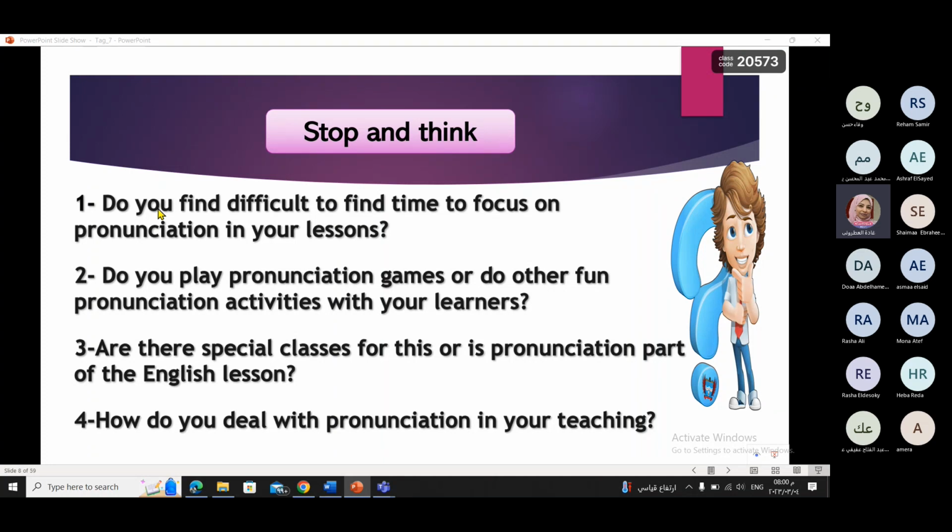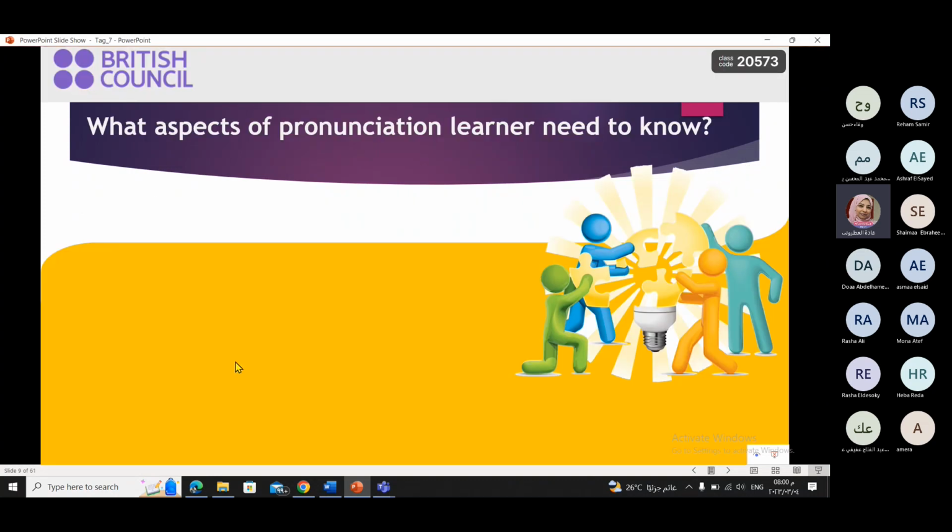And are there any special classes for pronunciation, or is it part of your English lesson? And how do you deal with pronunciation in your teaching? So I need you to put these questions in your mind and try to find answers during the whole session, because I think by the end of our session, you're going to answer these questions. Okay, so what aspects of pronunciation do we teach our students?